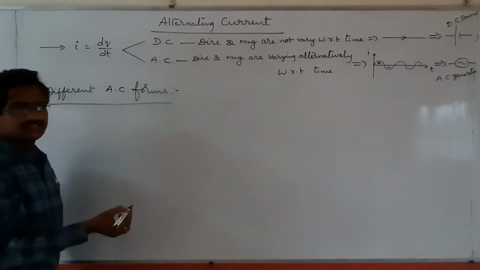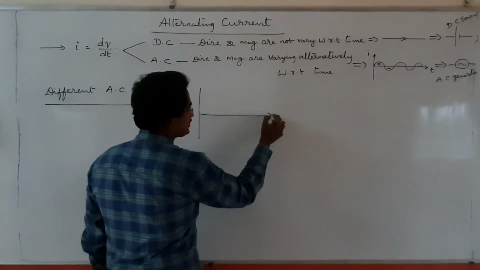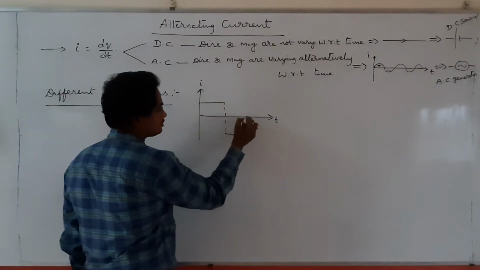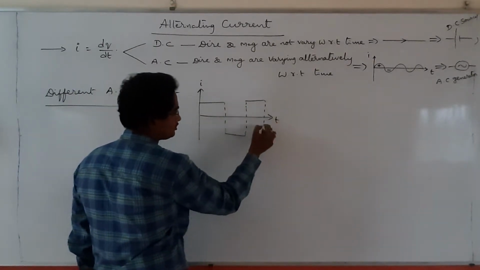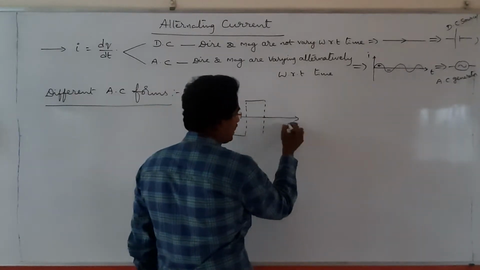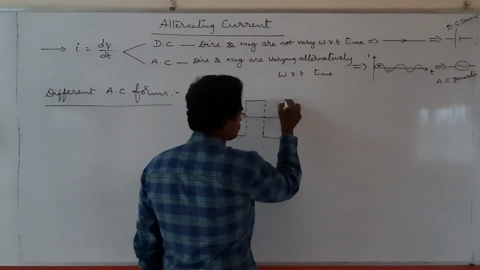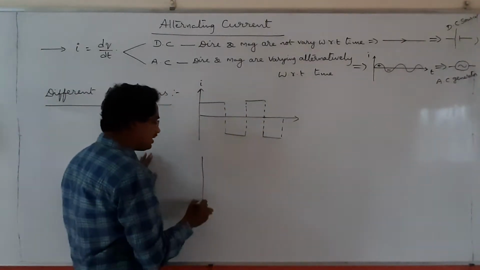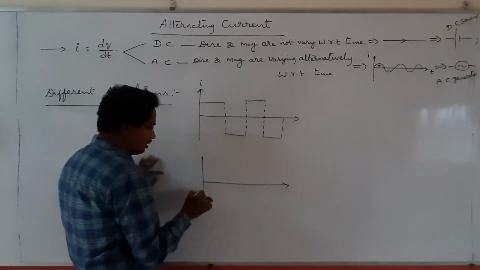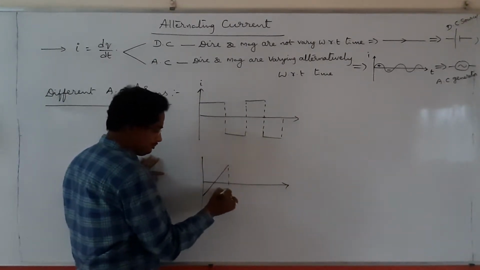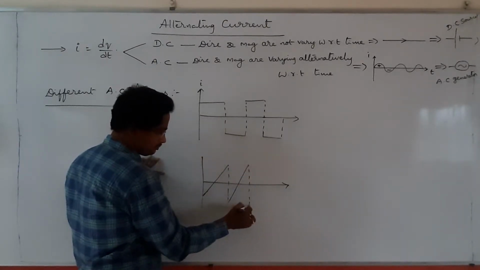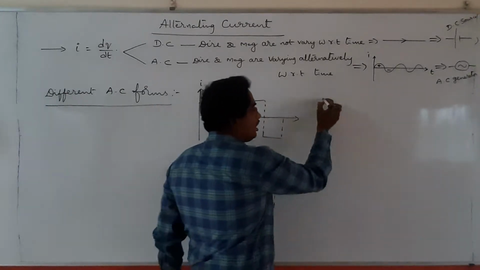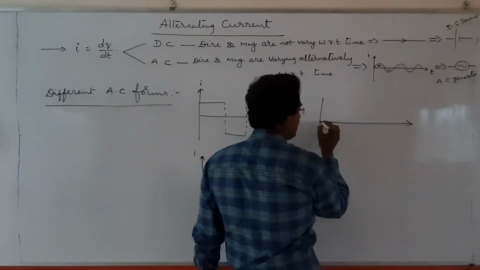What are the different AC forms? Maybe this one. This current is also called alternating current. And we may also represent alternating current with this waveform, like this. This is also alternating current, and this is also alternating current.